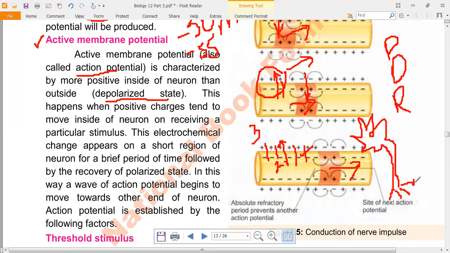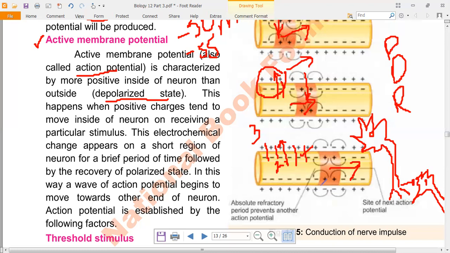This is called a synapse, or synaptic end, or presynaptic node. We will discuss how from this presynaptic node the action potential moves to another neuron in the next topic.